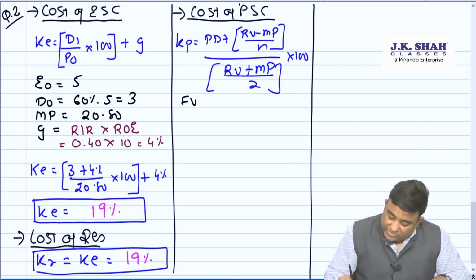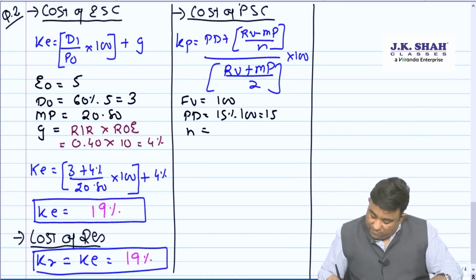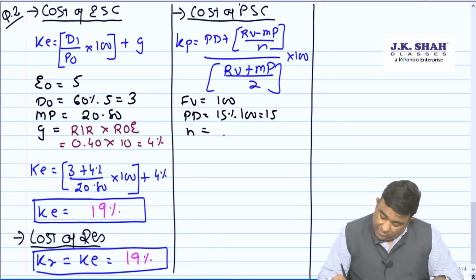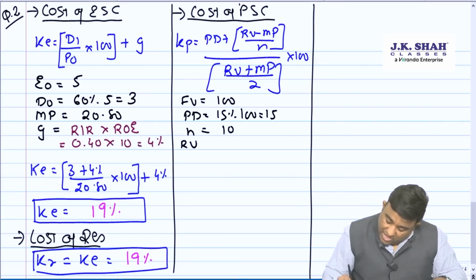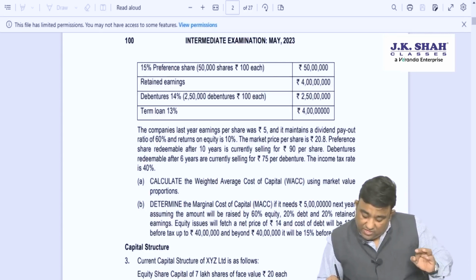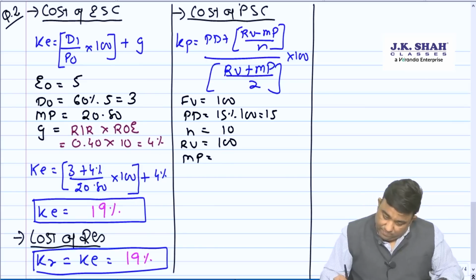Face value, always start with the face value, 100. Preference dividend is given, 15% of 100 is 15. Student, number of years, preference 10 years. RV, when nothing is given, 100, and student, market price is given. Market price of preference is 90.